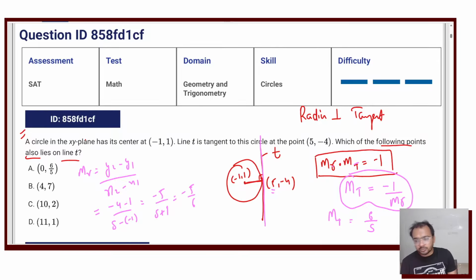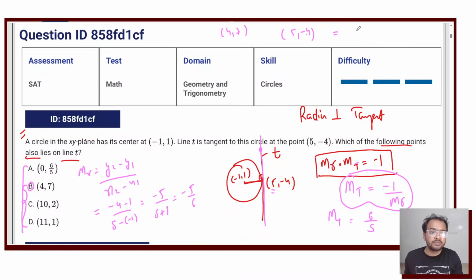So now we'll check which coordinate out of these options will give a slope of 6 over 5 with 5 comma negative 4. It's easy to work with whole numbers, so we'll start with B, C or D instead of A. Let's start with B. If I take my B point to be 4 comma 7, and the other point is 5 comma negative 4, I'll find the slope.